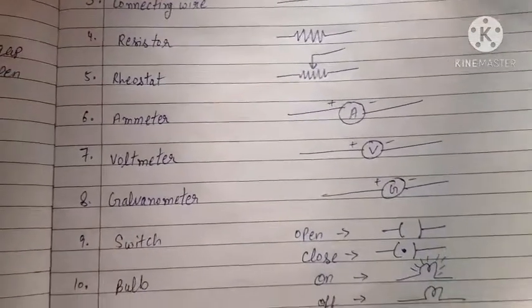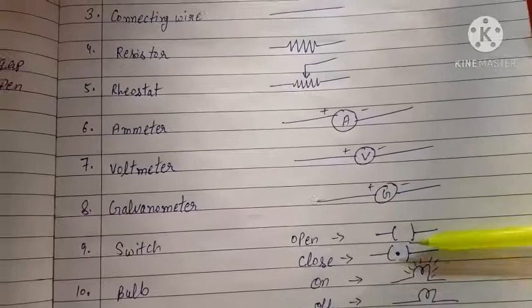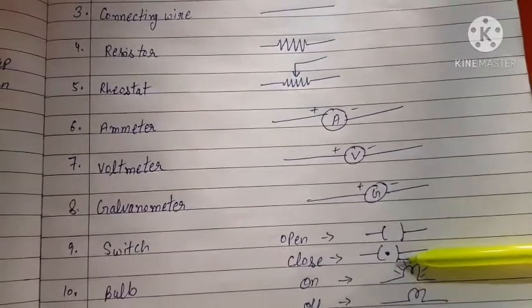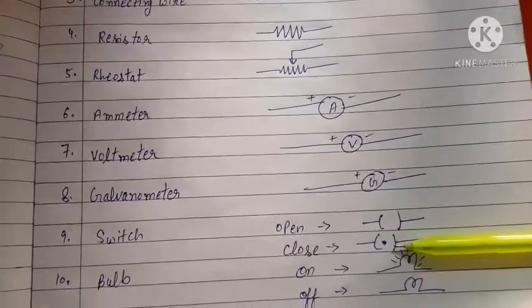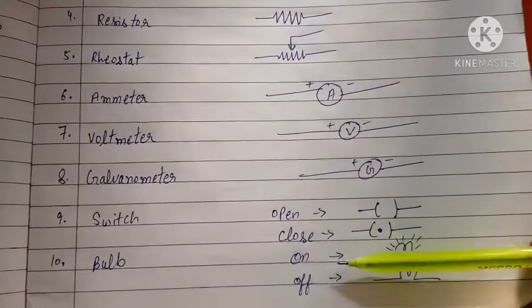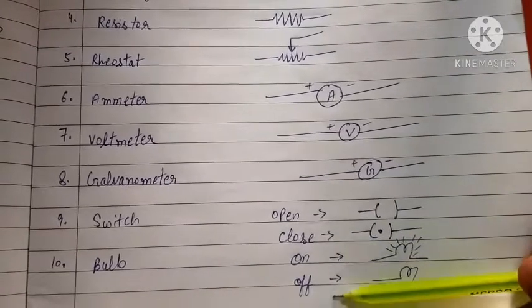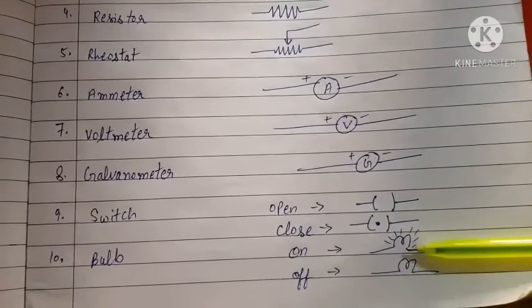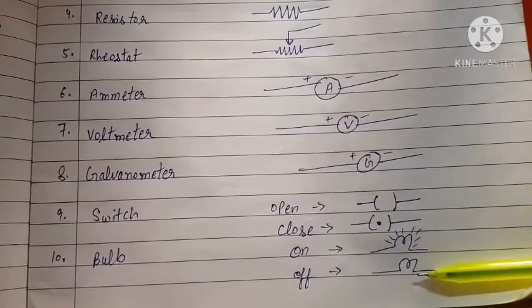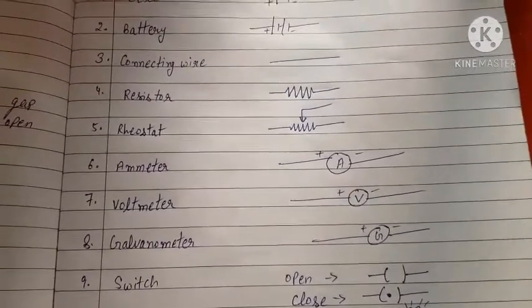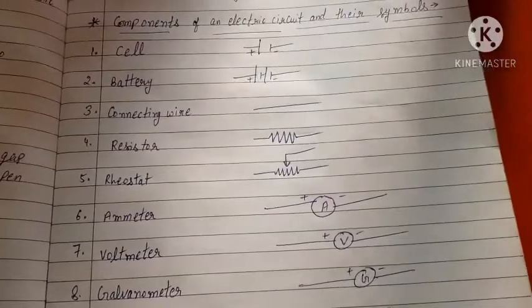A switch is of two types, open and closed. So this is the representation of an open switch, and this is the representation of a closed switch. Now let's talk about the bulb. A bulb also has two positions, on and off. The on position of the bulb can be represented like this, and the off position can be like this. So these are the components and their symbols of the electric circuit.